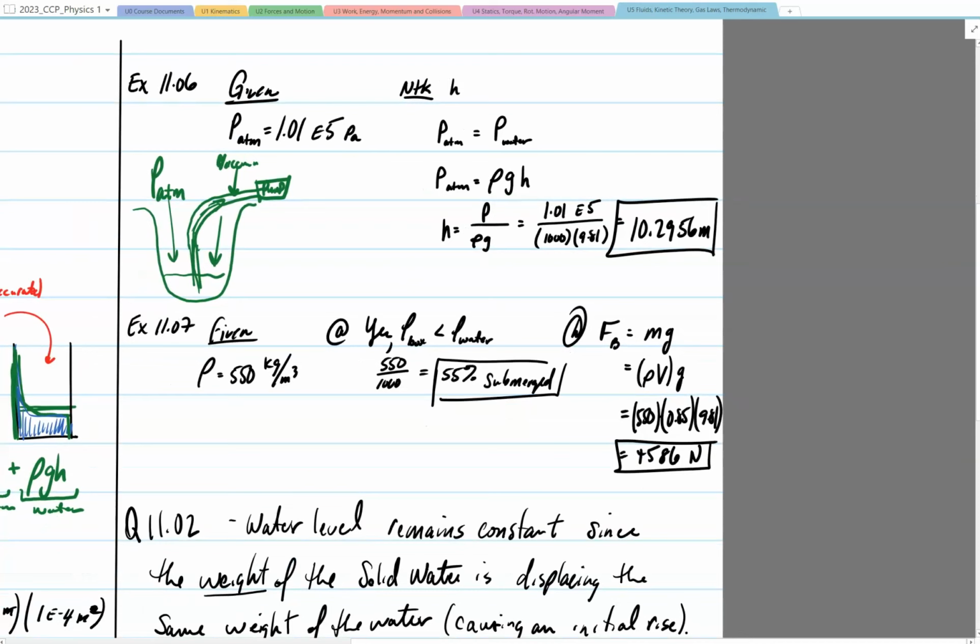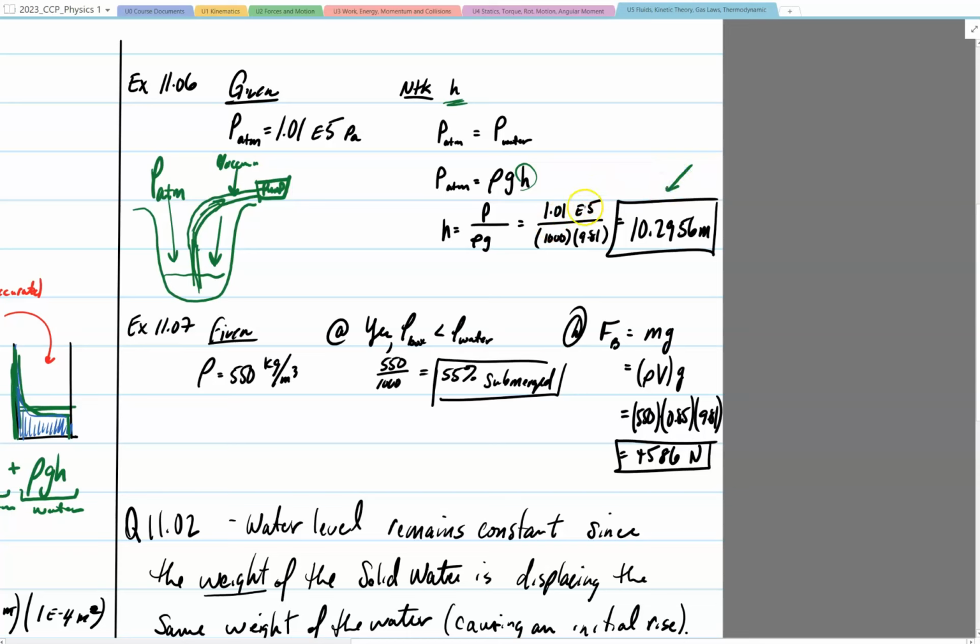So if our job is to determine the height of the water that can be evacuated, well, we know that the pressure of the atmosphere is equal to the pressure of the water inside that column, and the pressure of the water in that column can be found by computing its density times G times H. And if we isolate H by dividing both sides by rho and G, we end up with this computed result at the end.